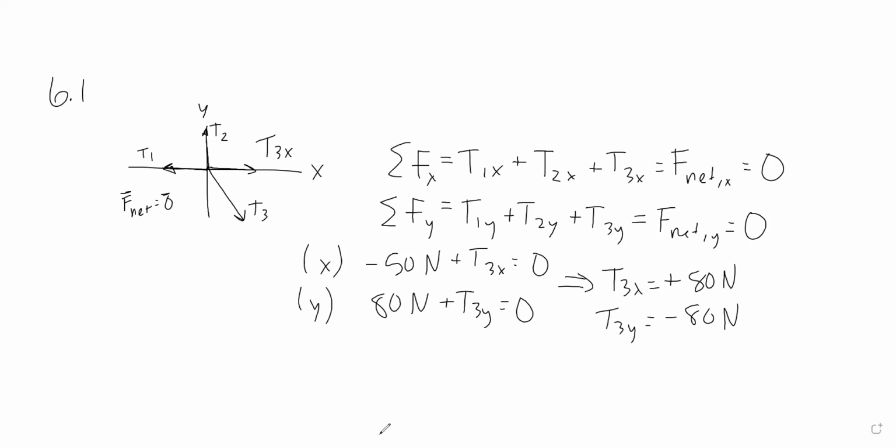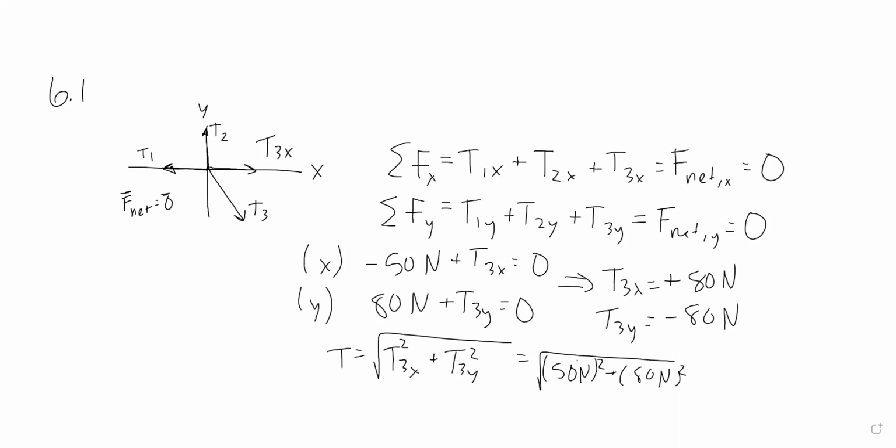T will equal the square root of T3x squared plus T3y squared, so that's the square root of 50 newtons squared plus 80 newtons squared.